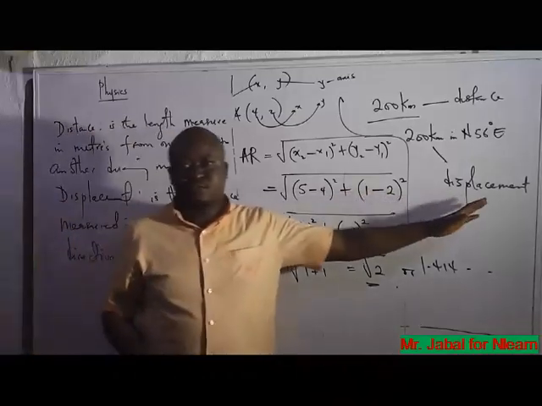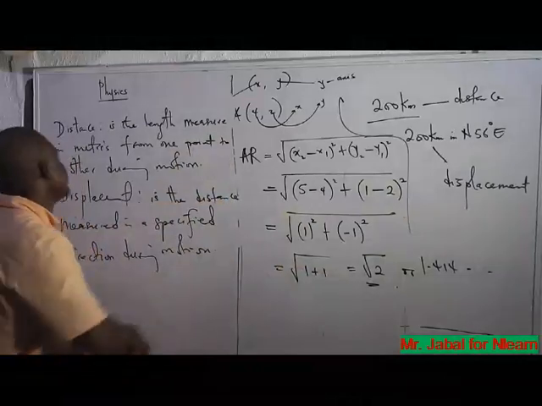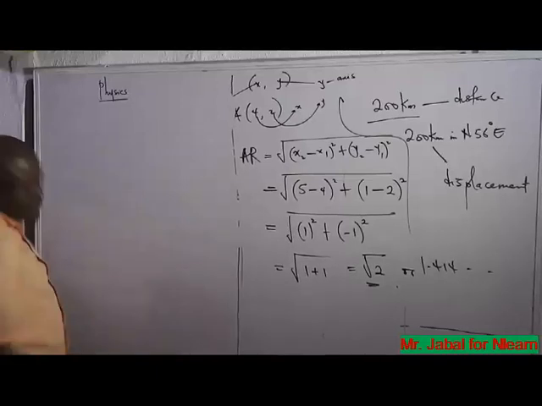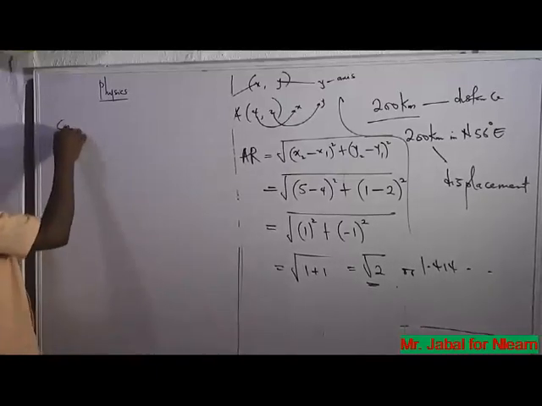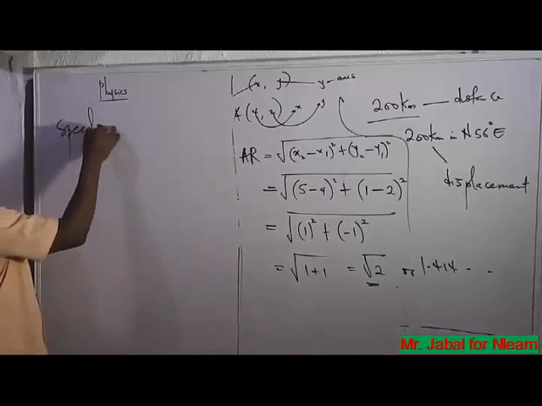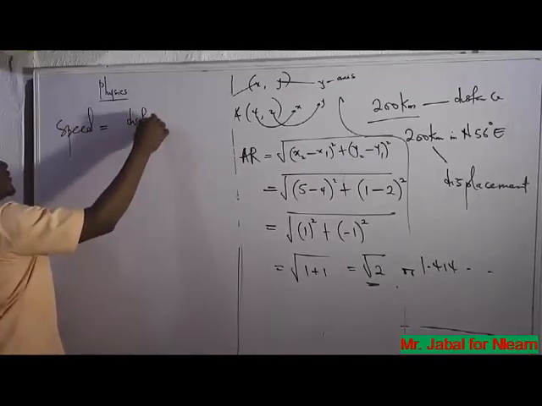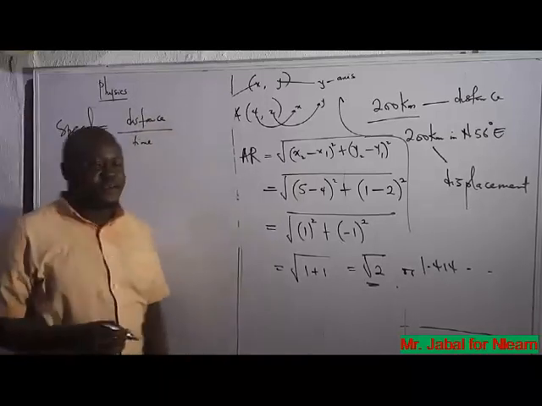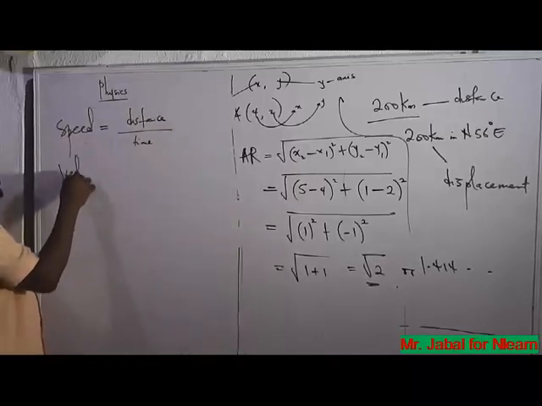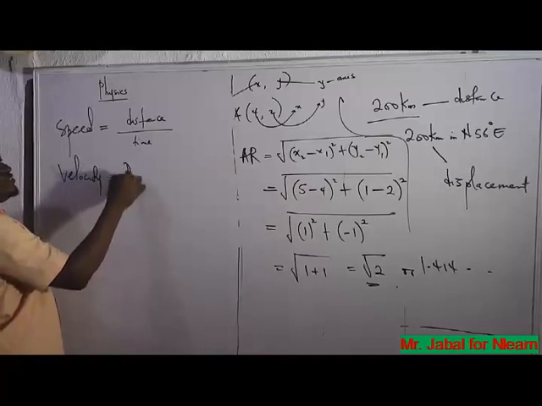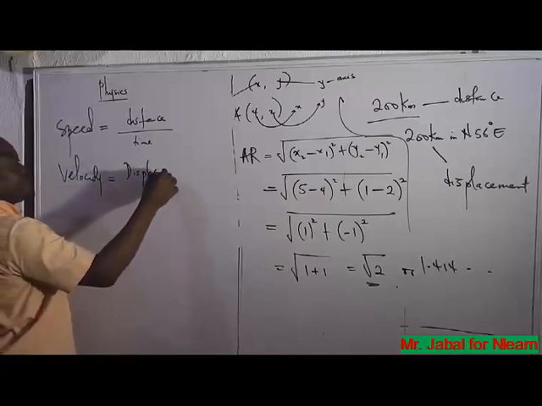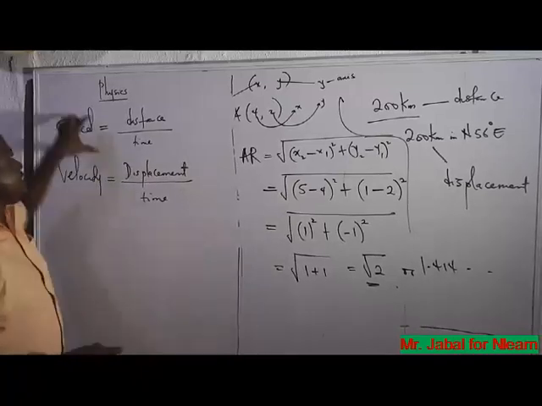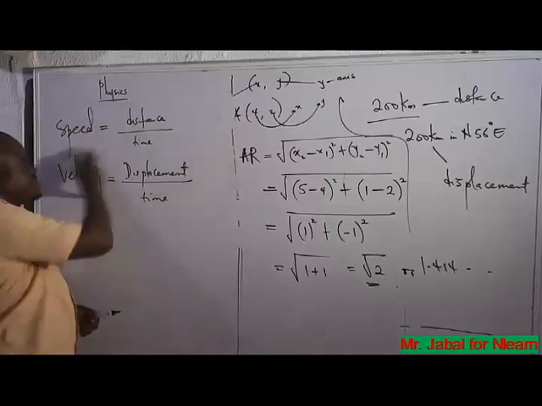Now, other parameters we want to talk about are speed and velocity. So let's see, speed is distance divided by time. And velocity is displacement divided by time.